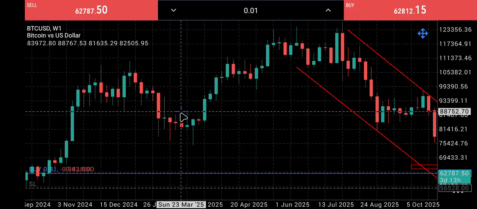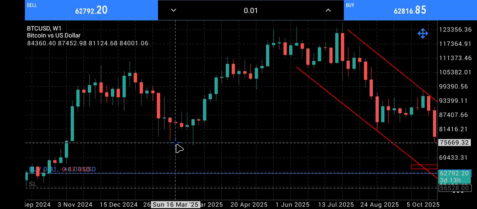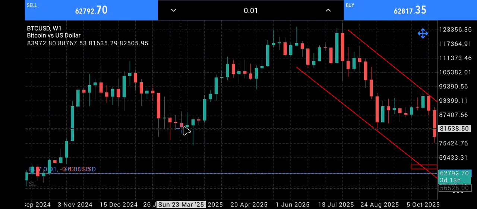Then the sellers came in and they rejected the price. So after the price rejection, the price of that asset dropped again, up to here. That is where it closed.